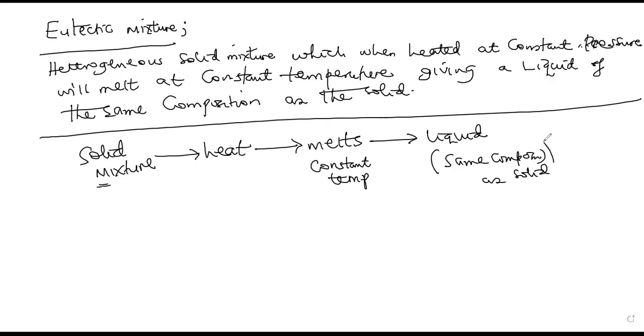So when I'm defining a eutectic mixture, it can be easy for me: a heterogeneous solid mixture, which when heated melts at constant temperature to give a liquid of the same composition as the solid. As simple as that. Heat a solid mixture, it will melt at constant temperature to give a liquid of the same composition as the solid mixture heated.